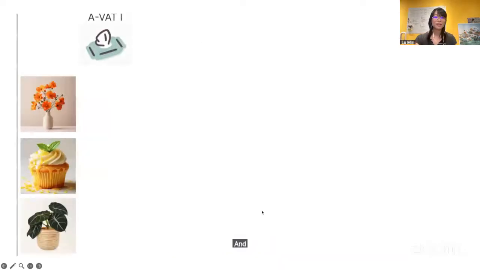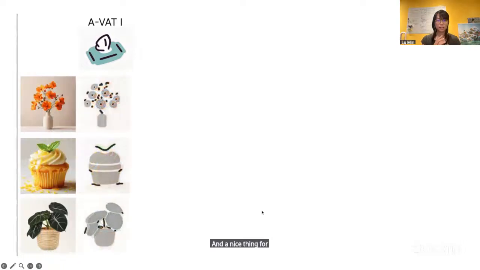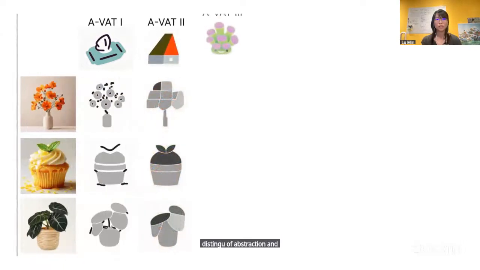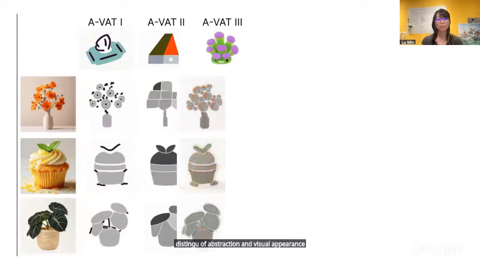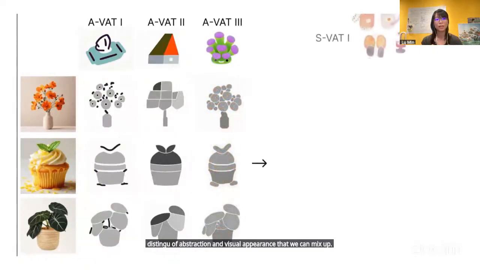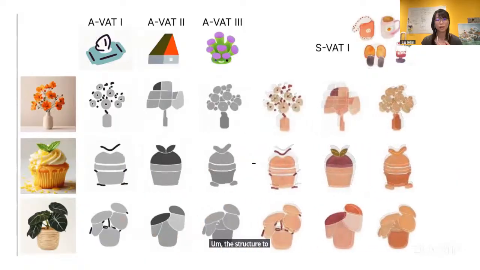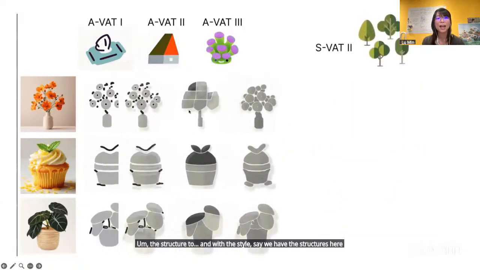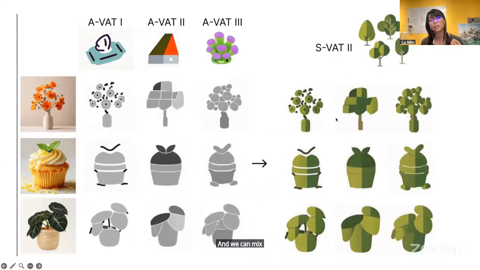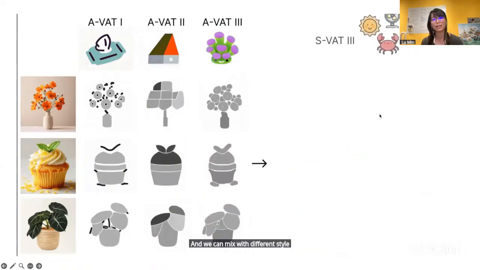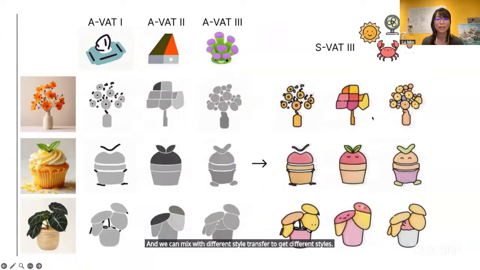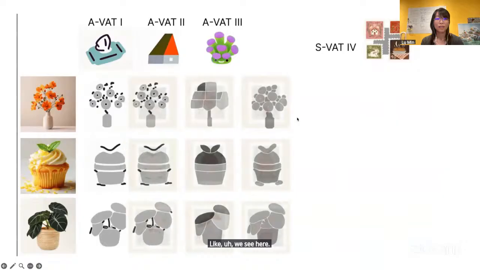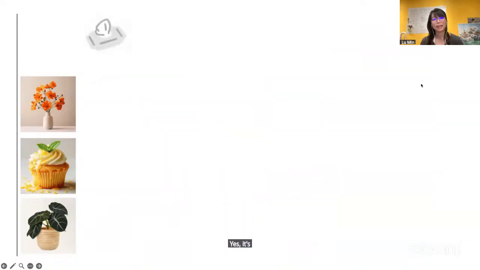A nice thing about this disentangling of abstraction and visual appearance is that we can mix up the structure with the style. Say we have the structures here, and we can mix them with different style transfers to get different styles, like we see here. Yes, it's like a stamp style.